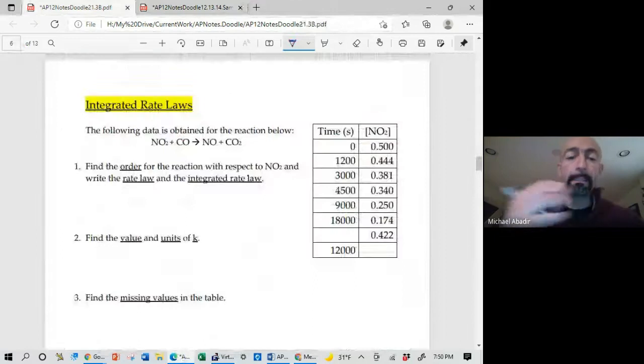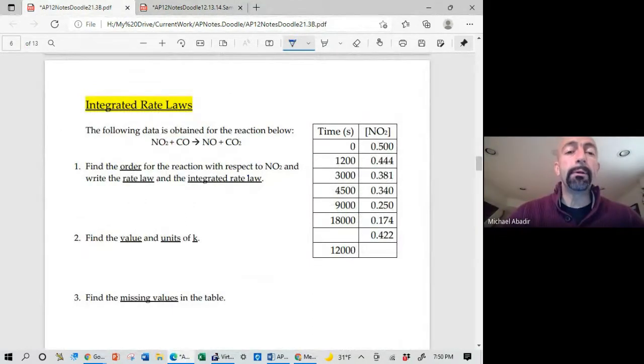So let's take a look at this, and we're going to apply what we learned to the next page in the notes. We have here some data. We have time and we have concentration of NO2. NO2 is one of the reactants in this equation. We are not actually going to concern ourselves with the carbon monoxide. So we are only concerned with the nitrogen dioxide in this.